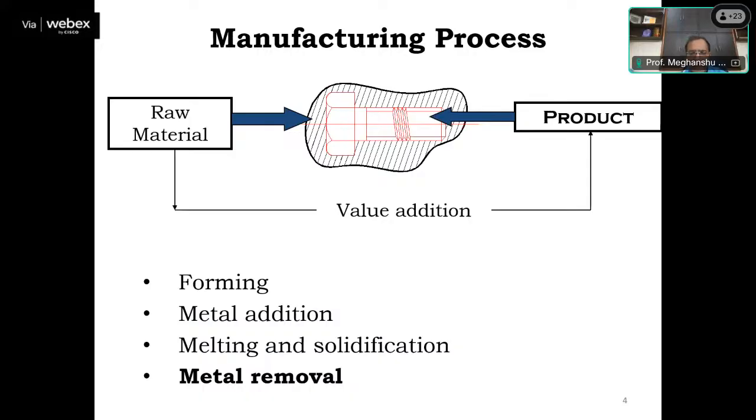That is why I have kept it in bold font. This is the participation index. It indicates that manufacturing processes are mainly covered by metal removal, like drilling, machining, shaping, grinding. In all these cases, we convert the shape of the raw material by removing material from the desired location using a machine tool and cutting tool.